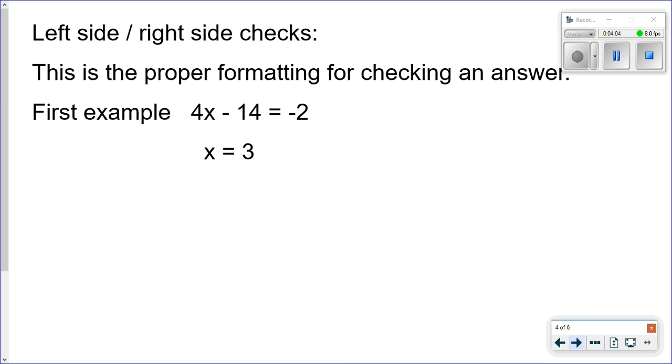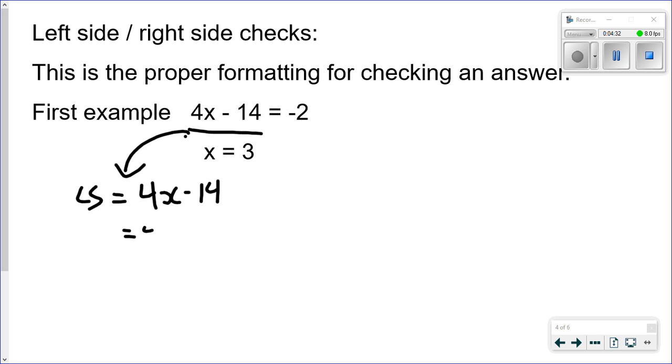Now, we're also going to introduce something called left side, right side checks. And this is the proper formatting for checking an answer. Again, these are simplistic examples. It gets harder as we move along. So we take the left side of the equation, and again, it's to the left of the equal sign.